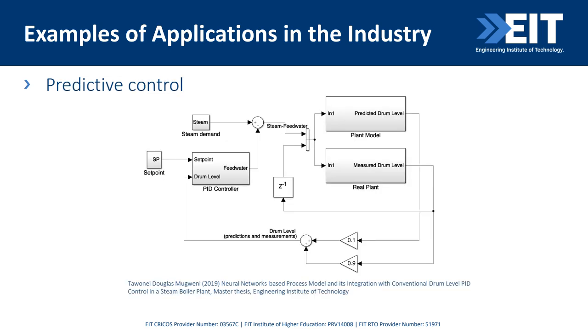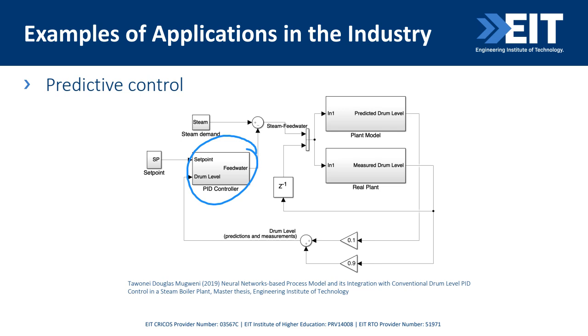Here is another example of a thesis that was done also at EIT, where the author wanted to make predictions of water level in a boiler. So we have a boiler that produces steam from water, right? It boils water. The drum level, which is the level of water in this boiler, is an important variable to keep under control.